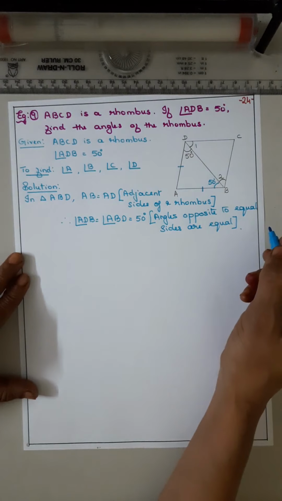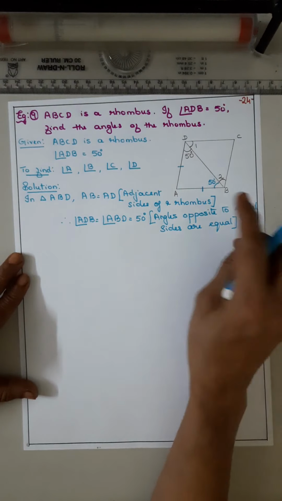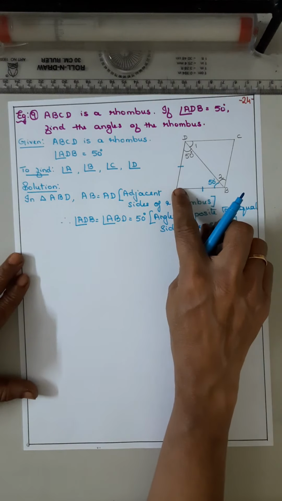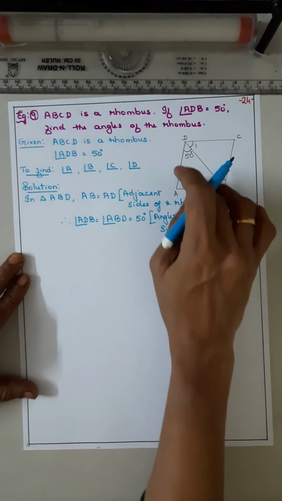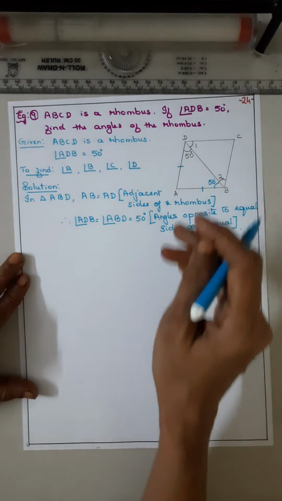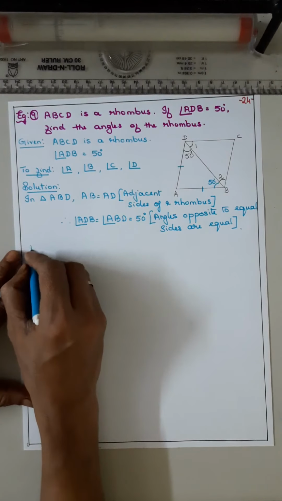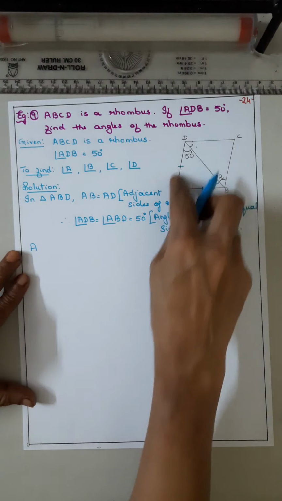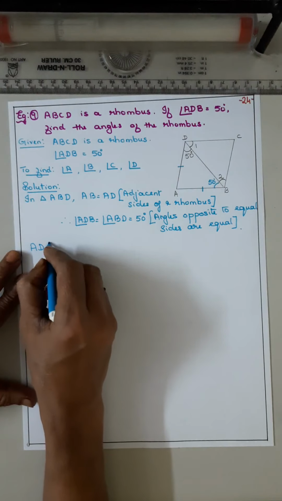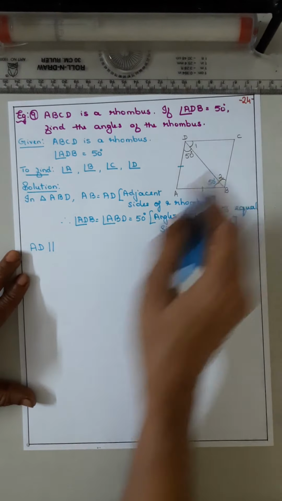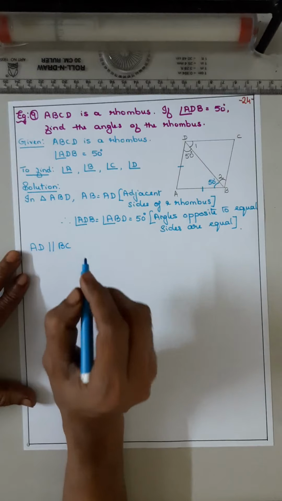Now, can you find out angle A? Yes, that we'll find out afterwards. First, we will see the other. Now, coming to AD, it is parallel to BC because it is a parallelogram, isn't it?